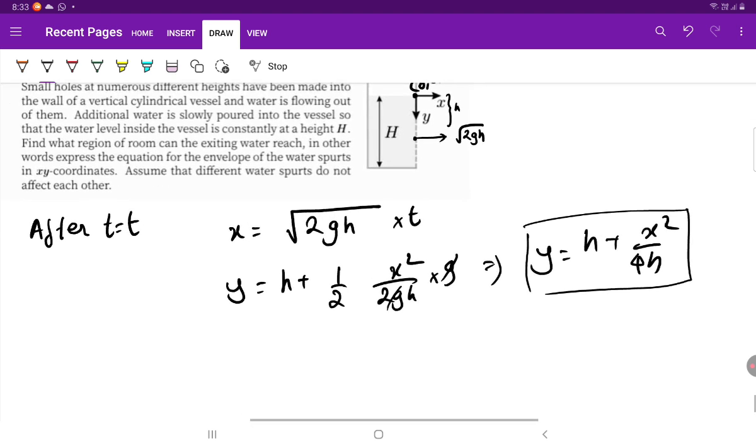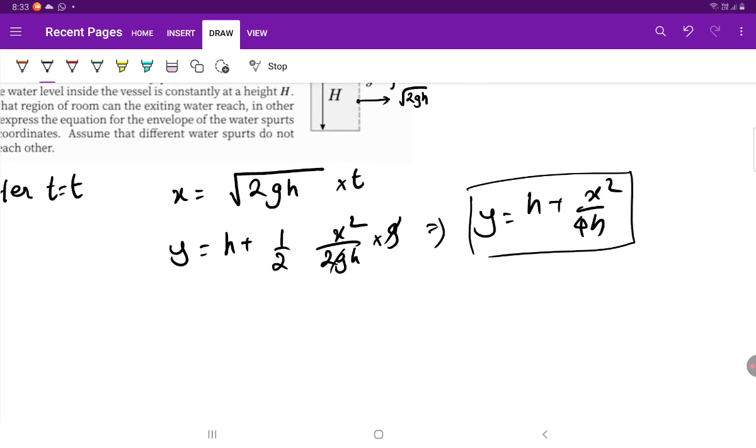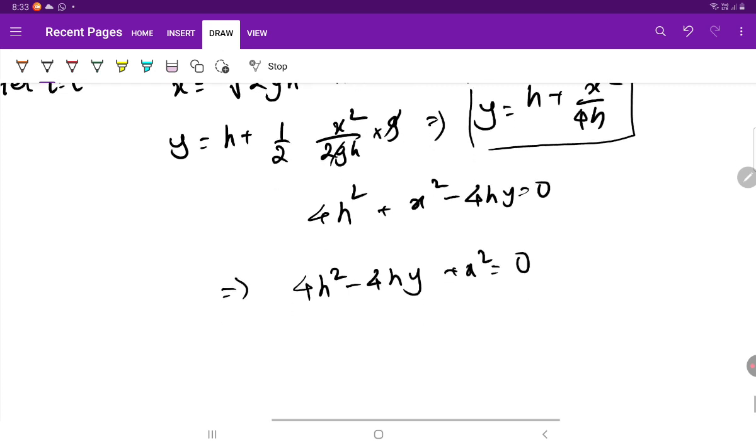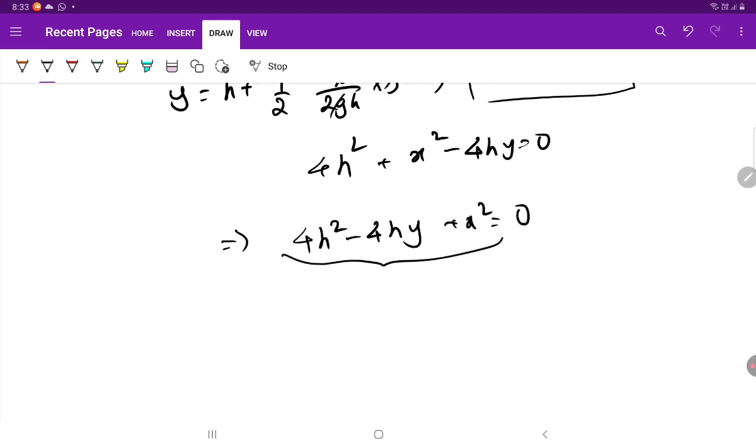So on further evaluation, you will get 4h square plus x square minus 4hy is equal to 0. Hence, you'll get 4h square minus 4hy plus x square is equal to 0. Taking it as a quadratic, it is a quadratic in h, small h.